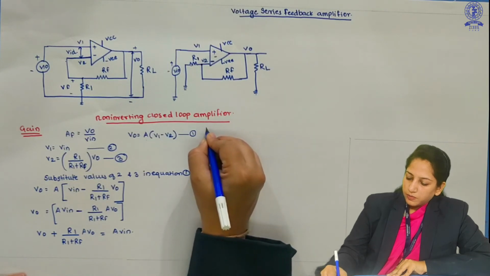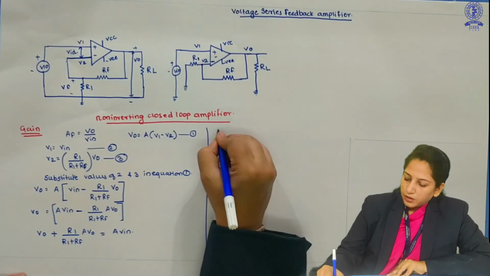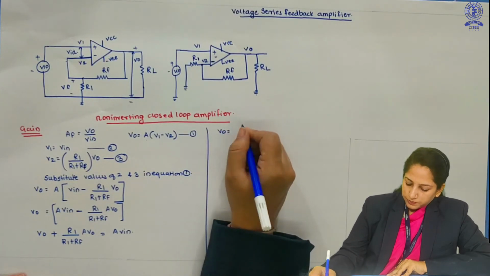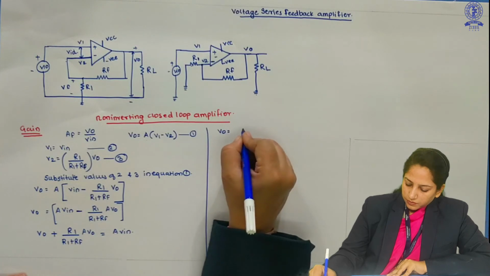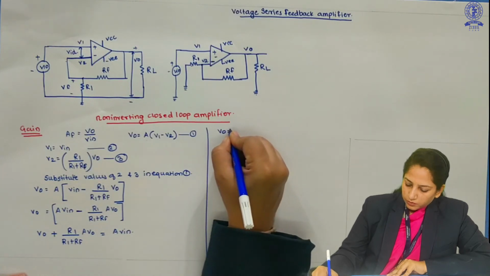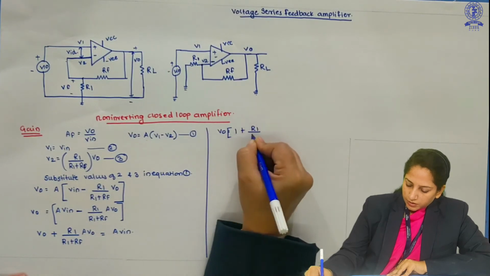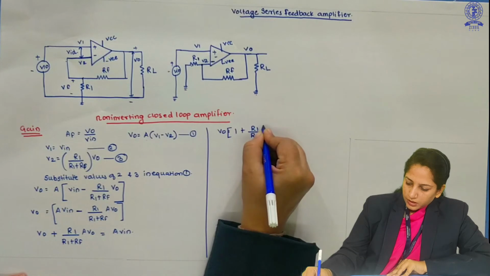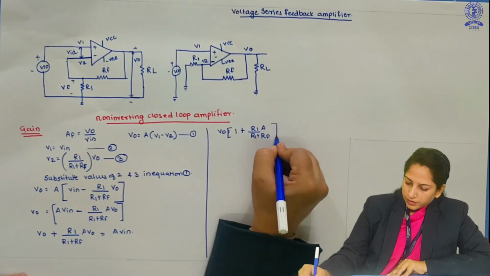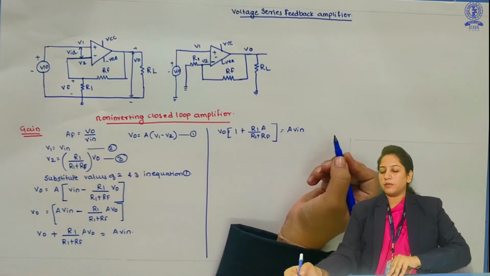So here V0 in bracket 1 plus R1 upon R1 plus RF into A, which is equal to A V in.